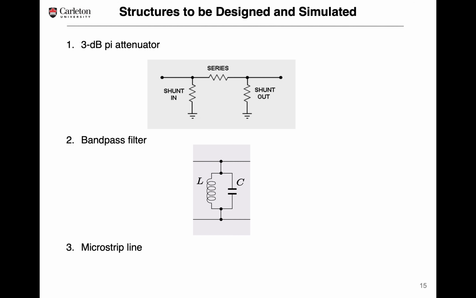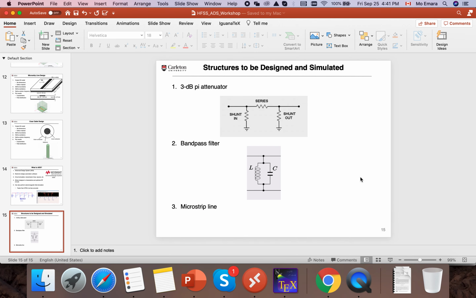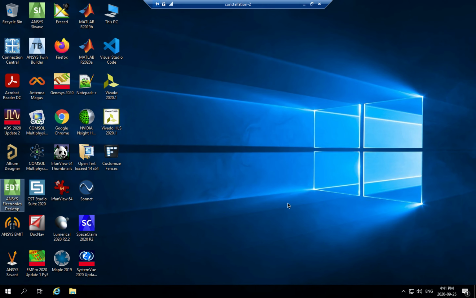So in the time that's left, I think I will show an attenuator and a microstrip line on ADS. So let's get started with that. You guys can see my screen all right? Good.